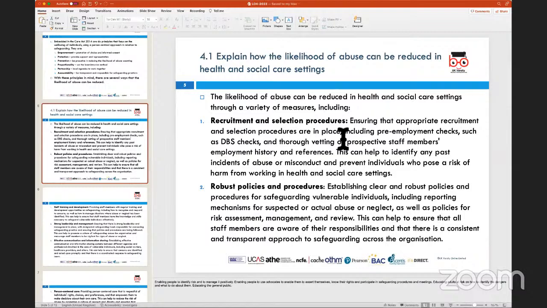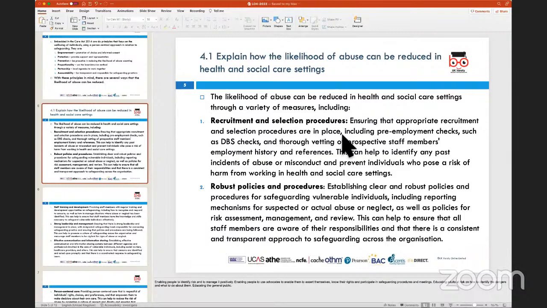The first area that we will start with is the people who work within the care home, the staff who provide services to the elderly. When recruitment and selection is being done, we need to ensure that relevant DBS checks, using the Disclosure and Barring Service, are carried out and that individuals who are recruited are properly vetted to ensure that there are no previous judgments or issues related to causing harm.